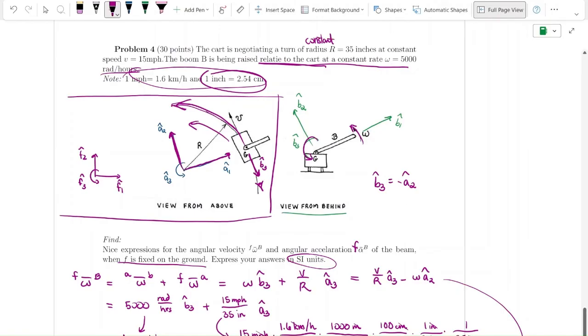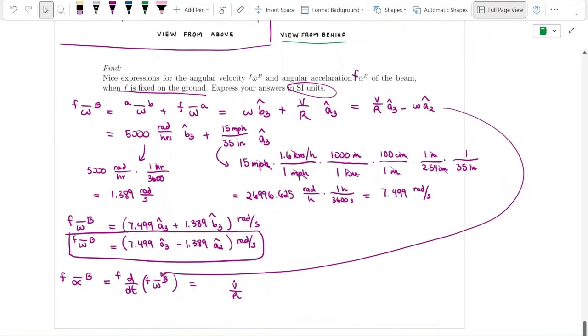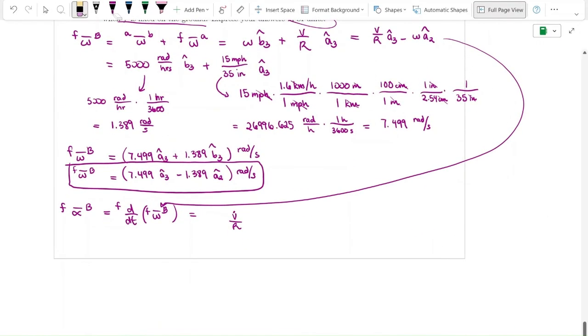Because who knows, your radius could be changing over time, for example if you're a satellite going around, the radius of your turn is different. So in this case, I'm pretty sure what they really mean is a circular turn, so you would have constant radius R. And then it also says we have constant speed V. So this means that V over R is constant, so the time derivative is equal to 0.